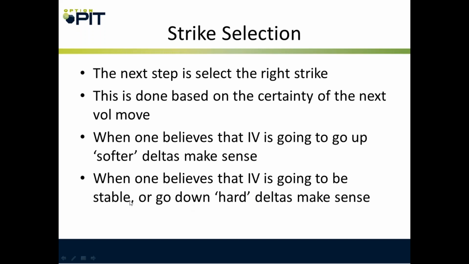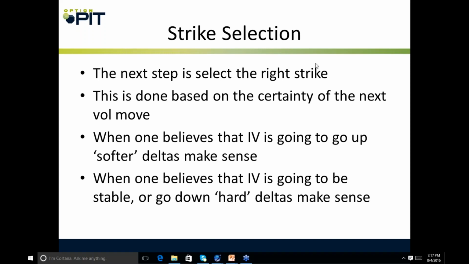So if you think vol might go down, you don't want to own soft out of the money options. And when you think volatility could go up, that's when you want a soft delta.